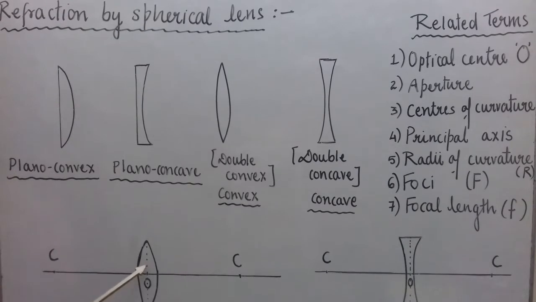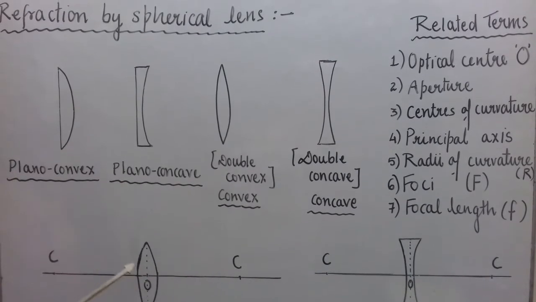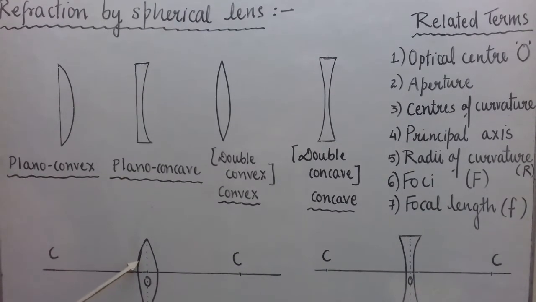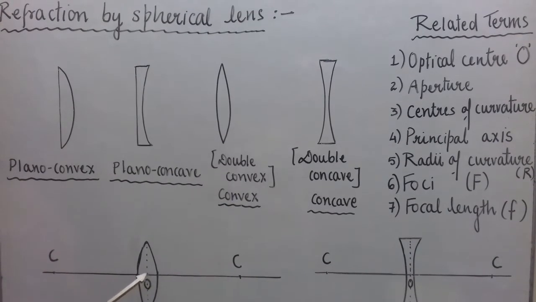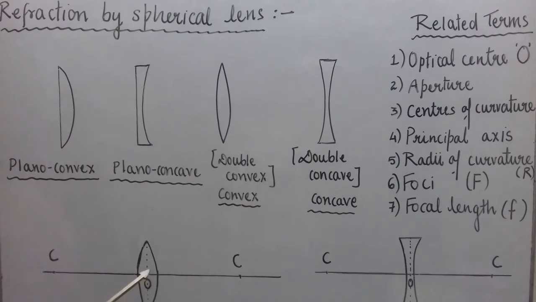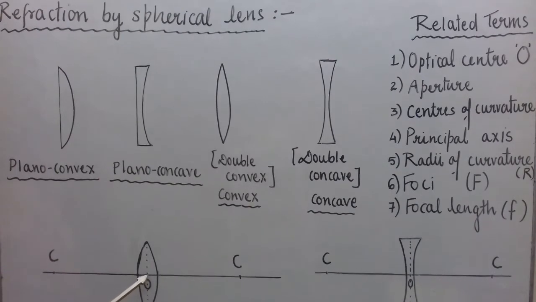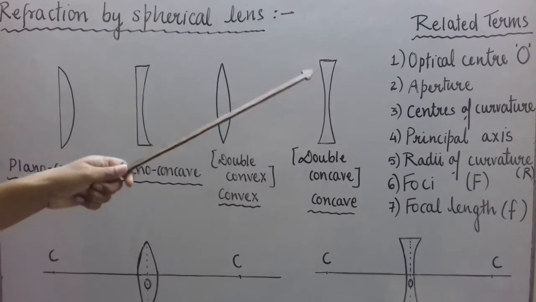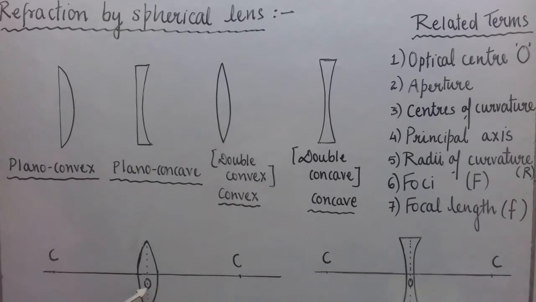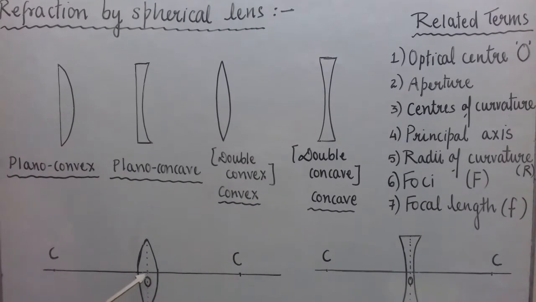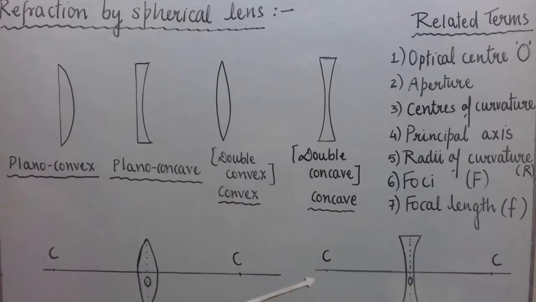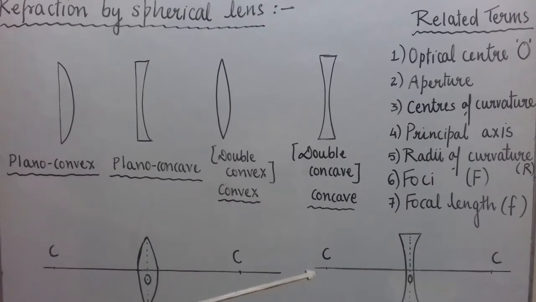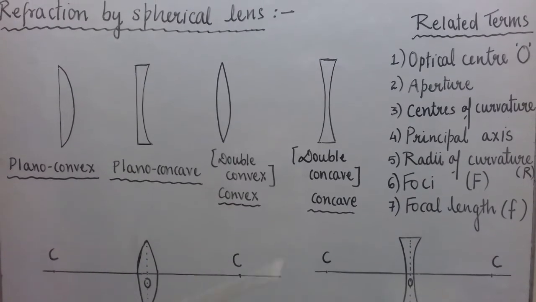So we can keep it either way. This central point of the lens is called the optical center, and it is represented by O. Here we have the optical center O in case of convex lens, and there I have represented the optical center again by O in case of concave lens.